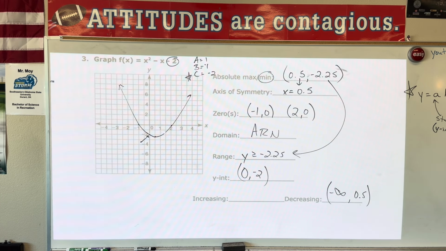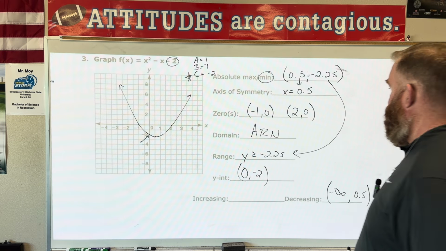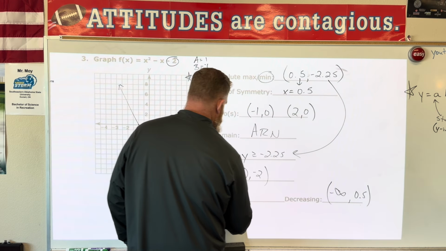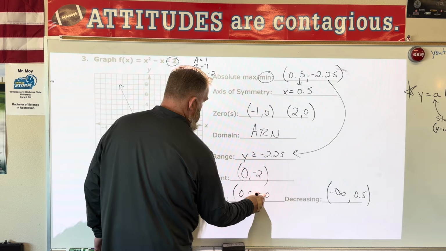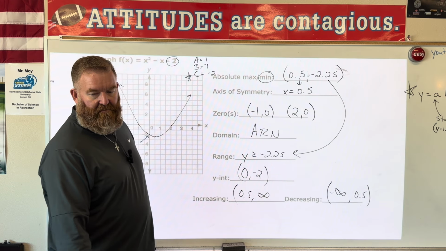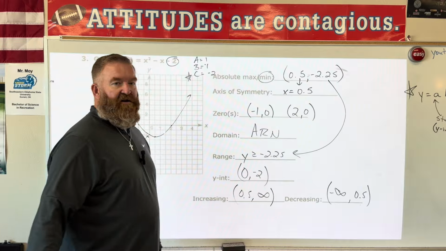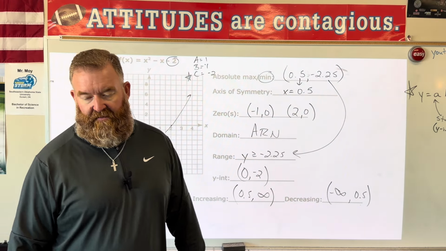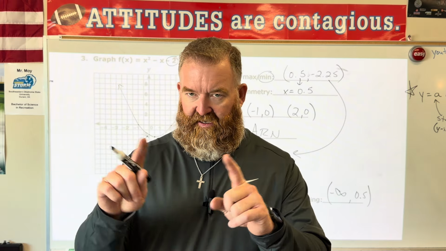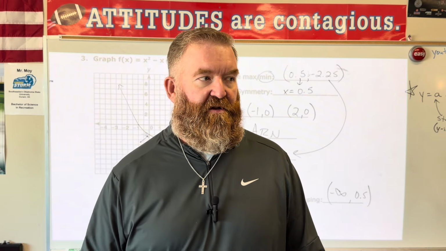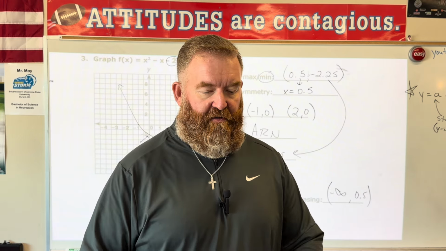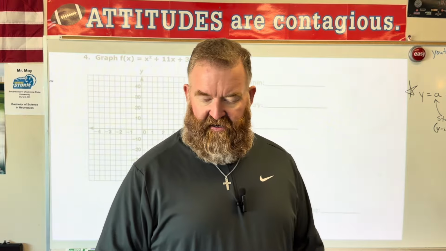X. So make sure you use the x number. That's a dead giveaway. And then my increasing would be 0.5 to positive infinity. Everybody good on that? I think you're supposed to put brackets around it, but you understand the concept behind it. Cool. Last one. I want you to do that with your neighbor. Ready? Go.